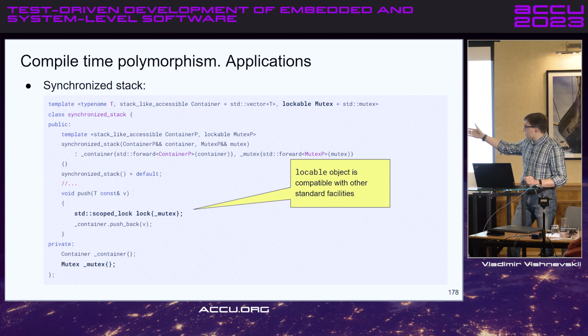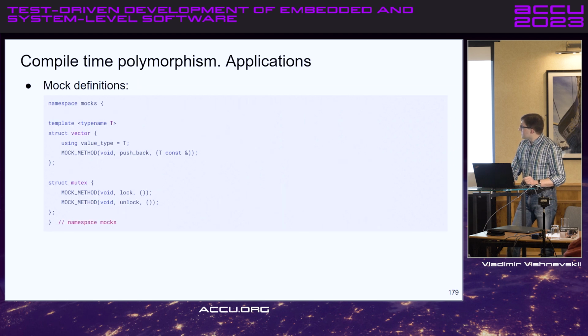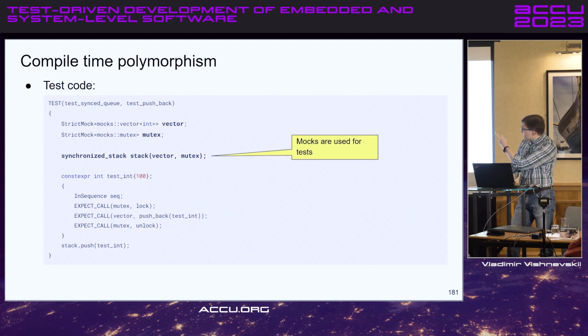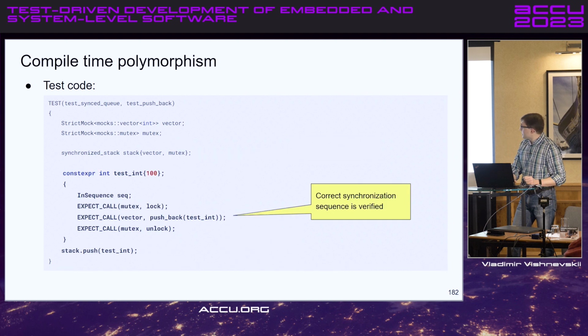For example, here we need to lock the mutex before we append the value to the container. So that means that if we do the mocks and inject them, we can verify that the calls are correct in sequence. We need to lock, then push back, then unlock. So here is the injection of the mocks instead of the real production types.